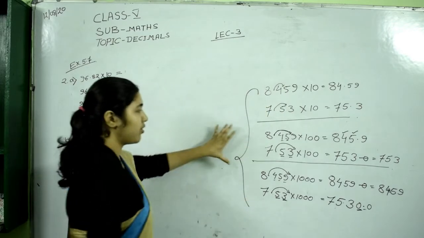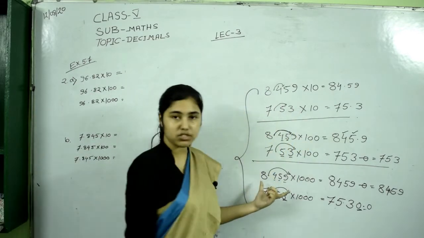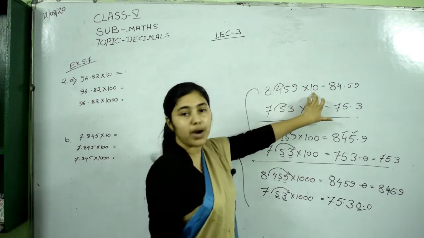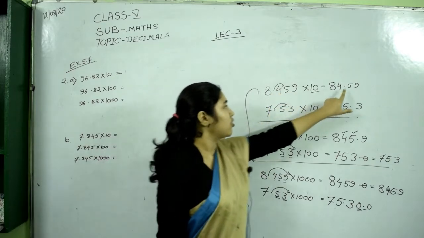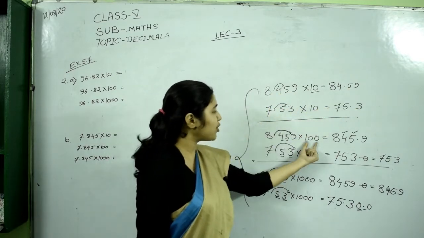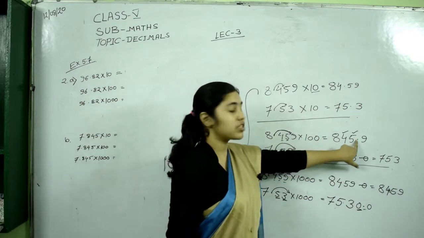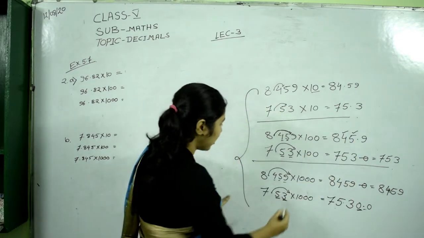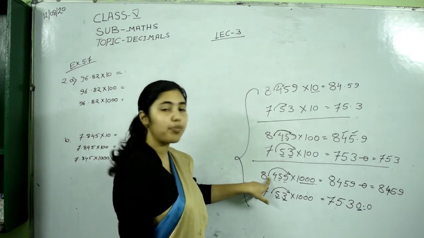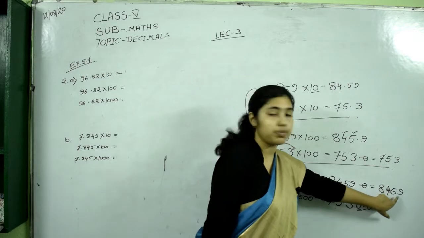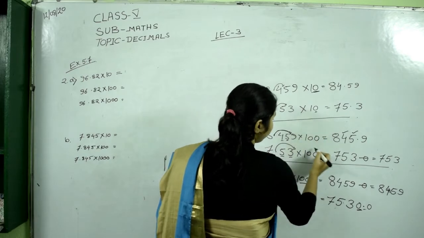So these three facts are important. Now notice one thing from these three facts. If we multiply by 10, the decimal point shifts one place. If we multiply by 100, the decimal point shifts two decimal places. And if we multiply a number with 1000, then the decimal point shifts three decimal places, which means look at the number of zeros.